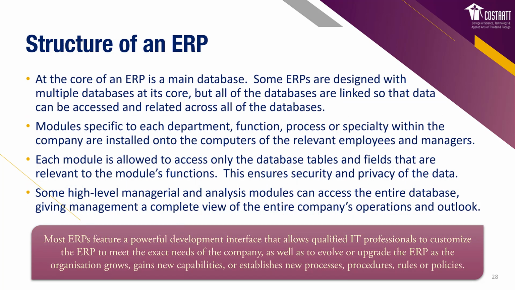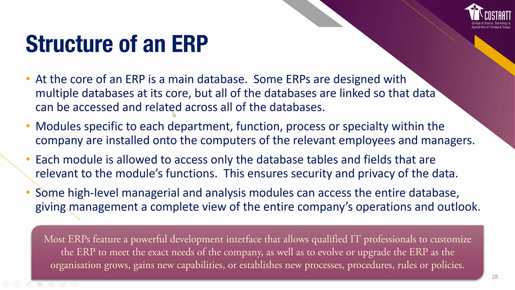So what is the structure of an ERP? At the core of an ERP is a main database. Now, as I said before, some ERPs are designed with multiple databases at their core, but all of these databases are linked so that data can be accessed and related across all of the databases.